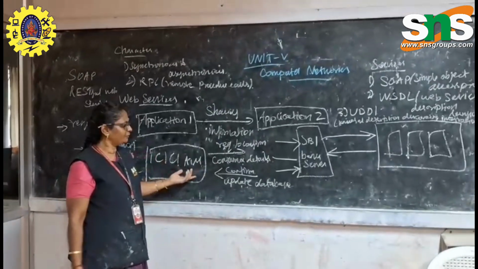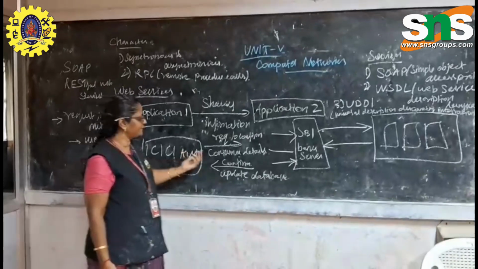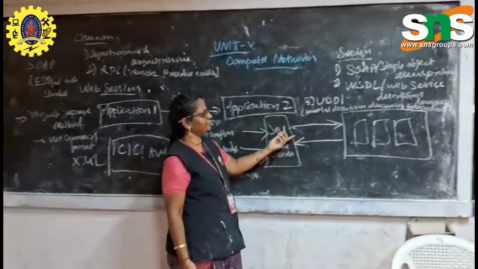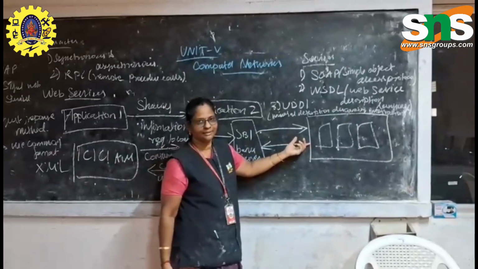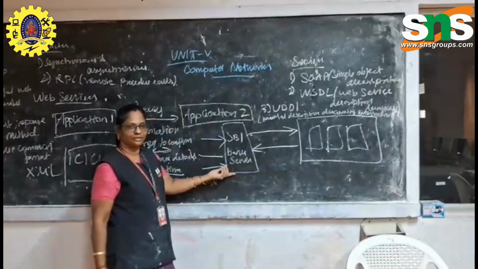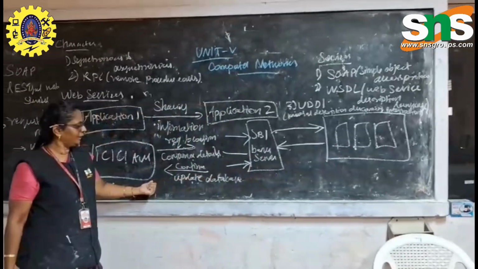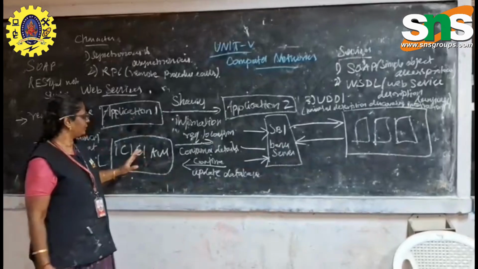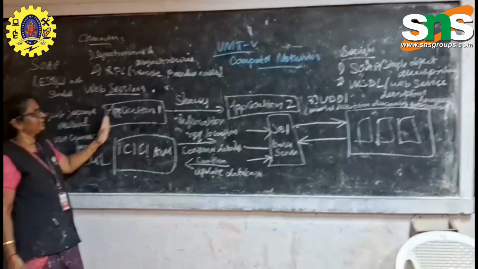At that time we can send the records to the bank server, which sends the records to the database. The database retrieves the data to the server, and from the server it transfers the confirmation message or updates the database. This is an example of web services.